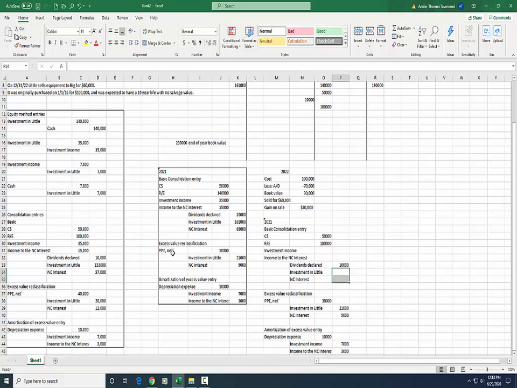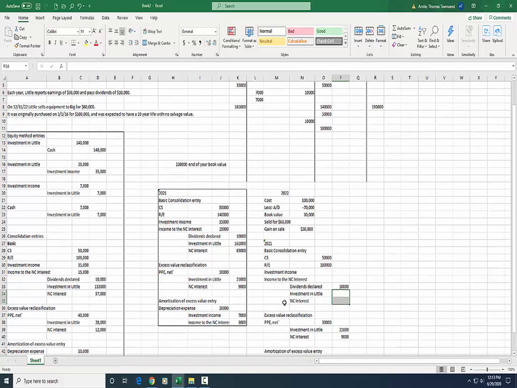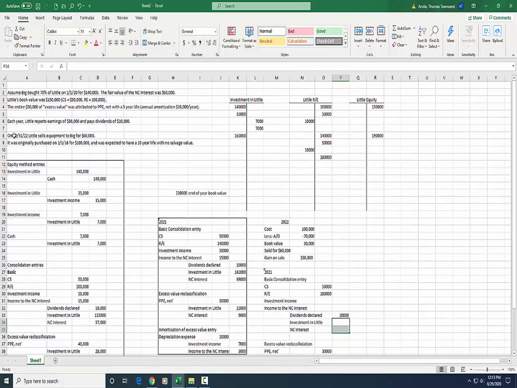Now, this is where the date of the intercompany transaction becomes critical. This intercompany transaction took place on December 31st, 2022.